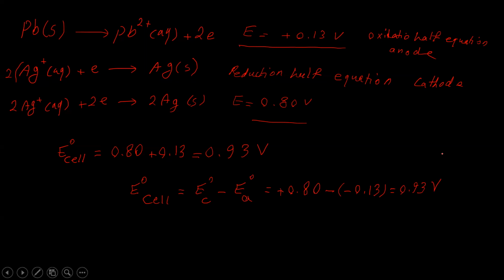After that, if I want to show this cell in a simple way, how can I write this cell? I can write it like this. First, I start with the anode, and I say Pb(s) in the anode becomes Pb2+(aq). So Pb losing electrons becomes Pb2+, and this one we know is the anode.